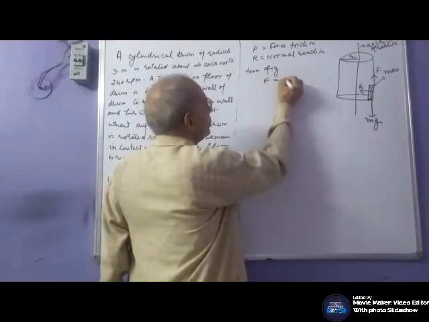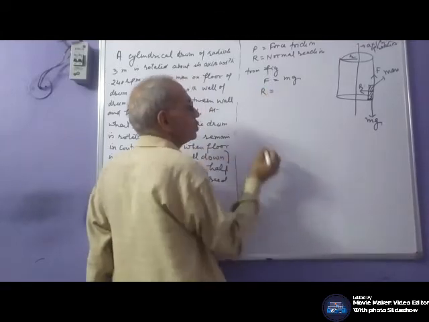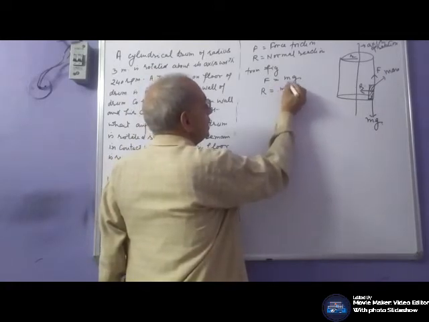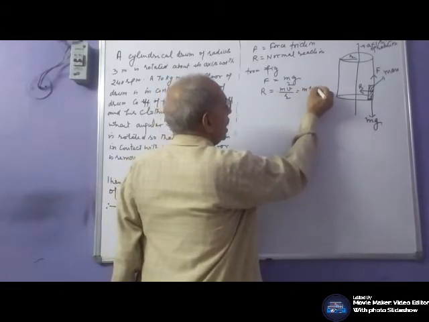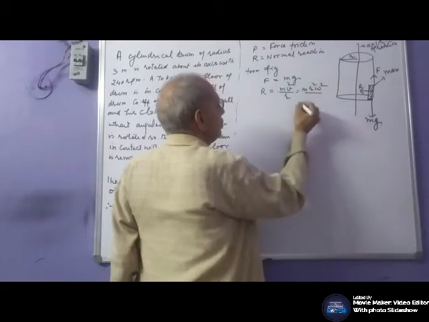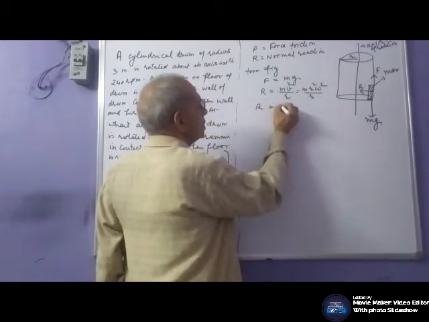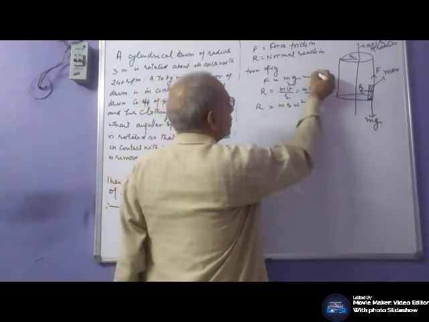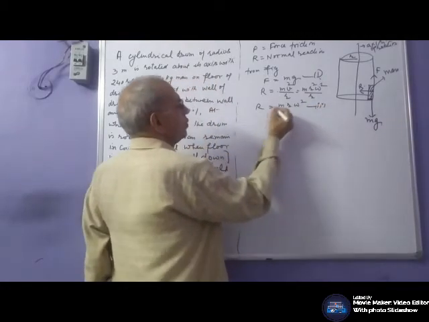F should be equal to mg, and this normal reaction is towards the center, so it will provide the centripetal force. V is r omega, so R is m r omega square. This is the centripetal force.